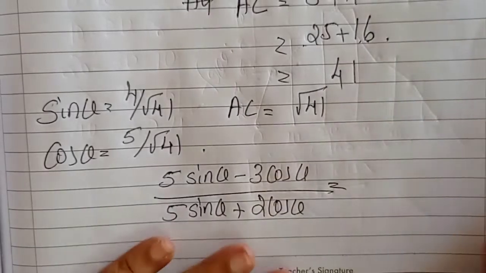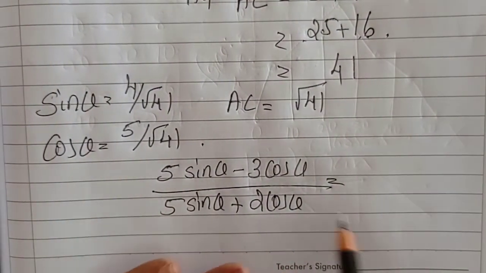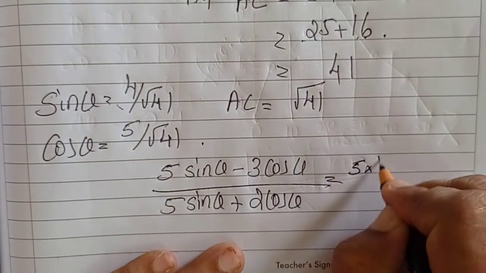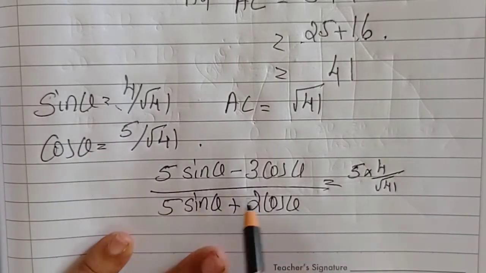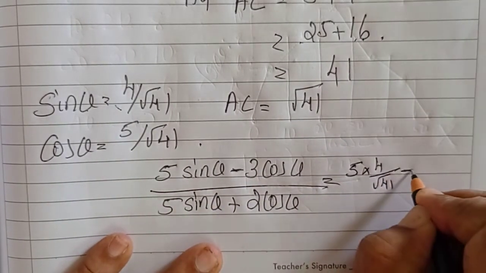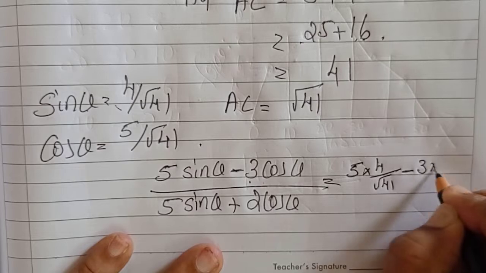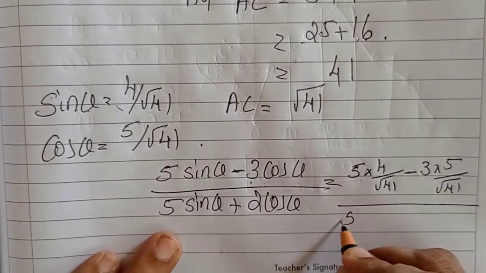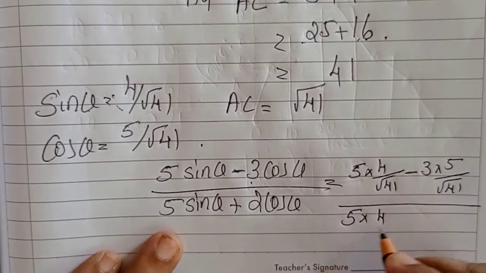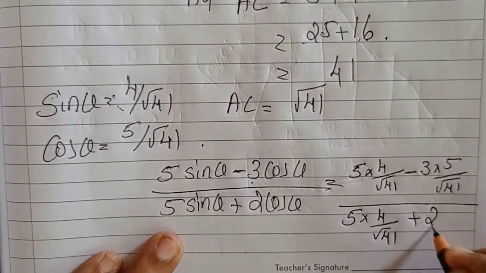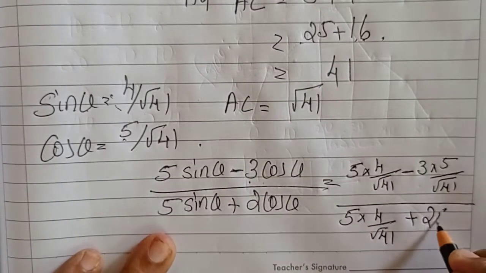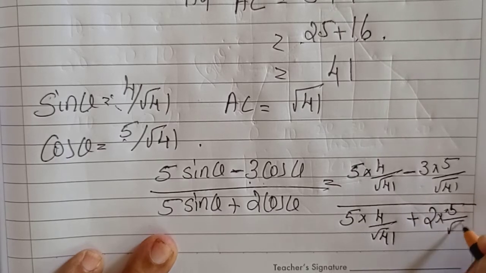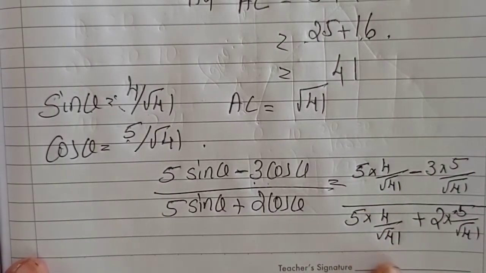Is it clear? 5 into what is sine theta? Look here. 4 by root 41. Then the sign is important. Minus 3 into 5 by root 41 by again 5 into sine theta 4 by root 41 plus 2 into what is cos theta, 5 by root 41. Do not cancel this 41 first.